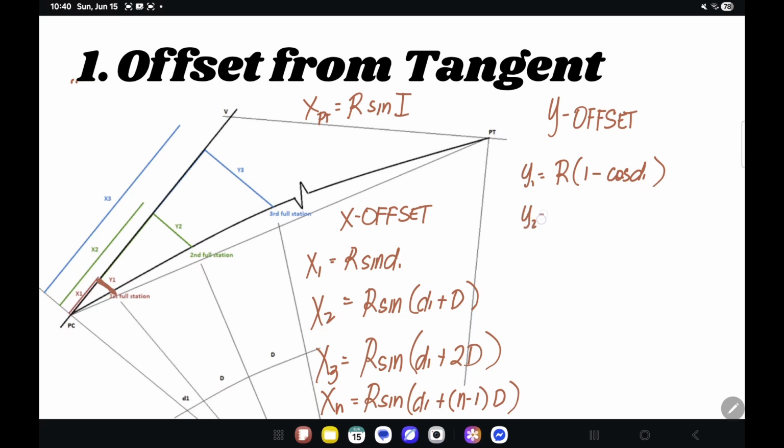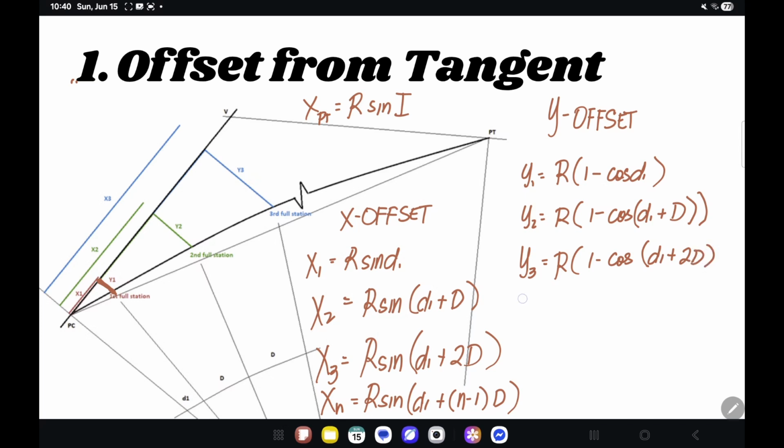Next, y sub 2 is equal to r times 1 minus cosine d1 plus d. Y sub 3 is equal to r times 1 minus cosine d1 plus 2d.